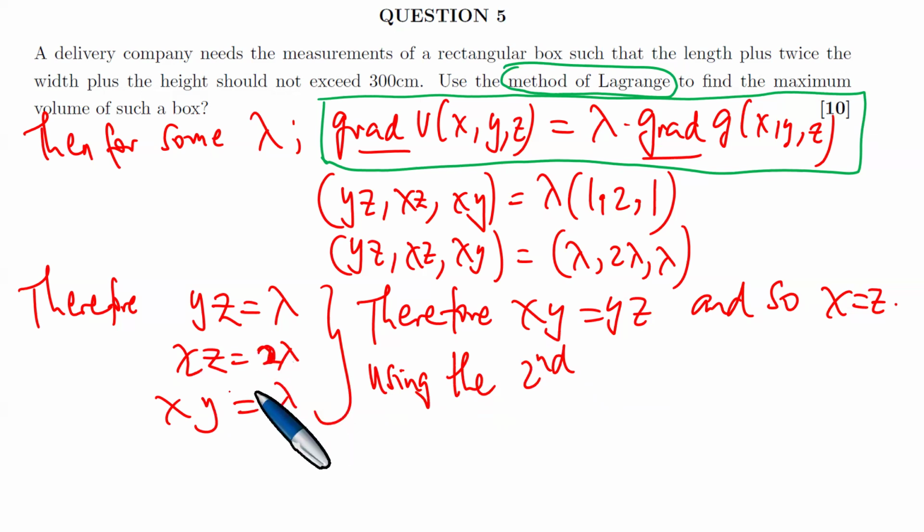You're going to have x squared is 2 lambda, or z squared is 2 lambda. But also here you can use this one because x is z.